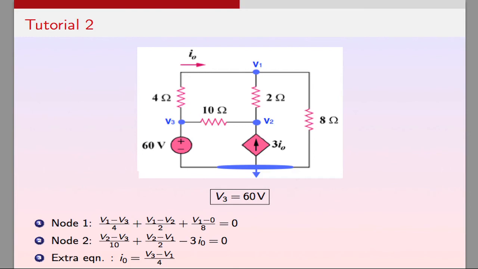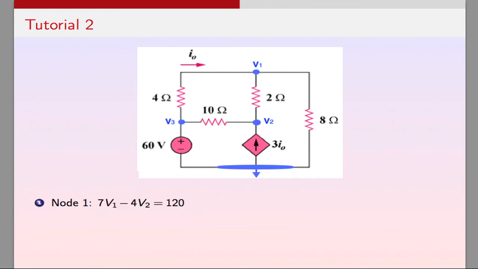So substitute V3 equals 60 volts into the 2 nodal equations, and then let's substitute for I0 into equation 2, and then we can simplify the 2 nodal equations by multiplying equation 1 by 8 and equation 2 by 10.